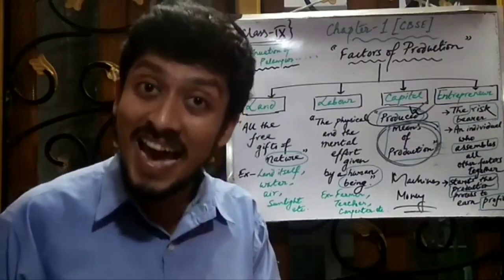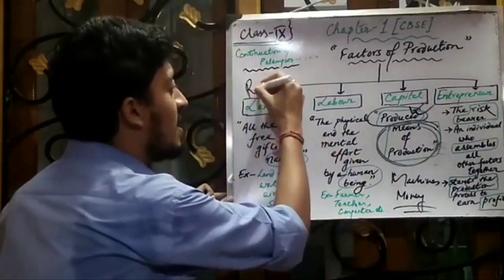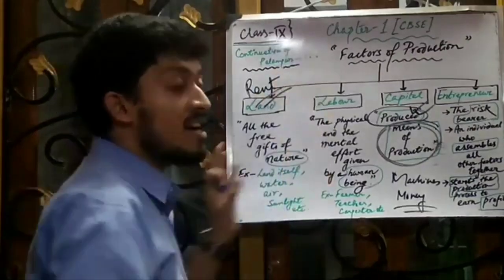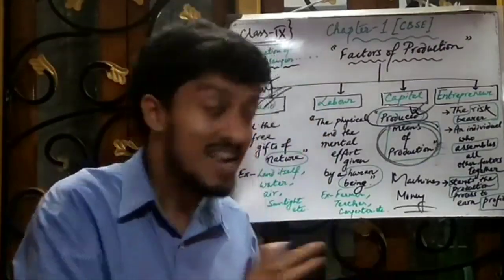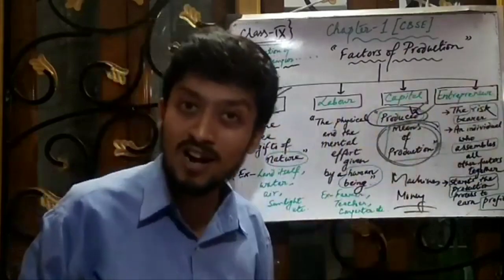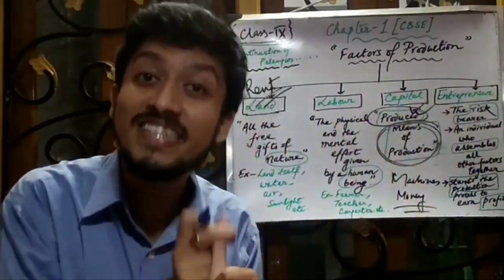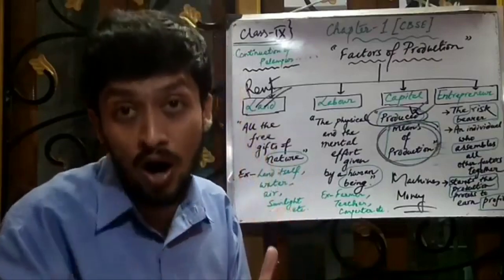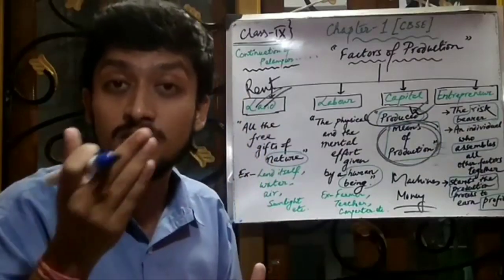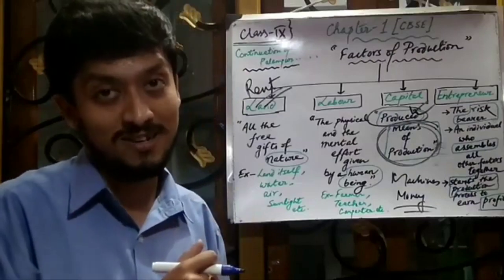So land gets rent in return. That is the factor return. These are the four factors of production, and the first factor return is rent for land.